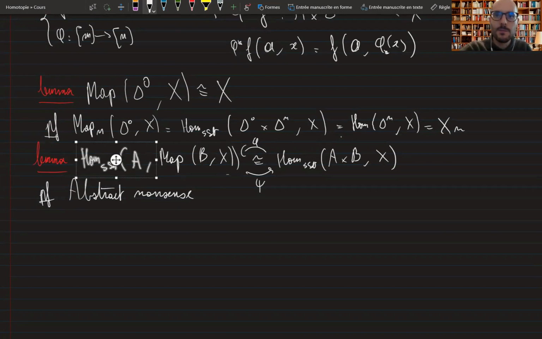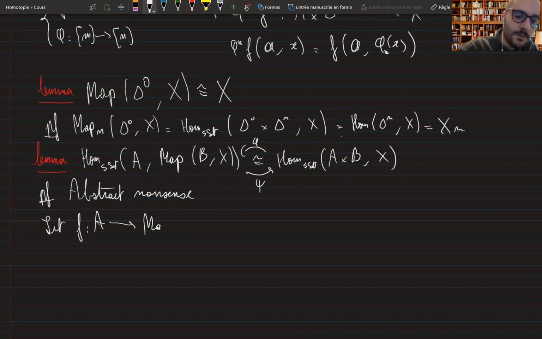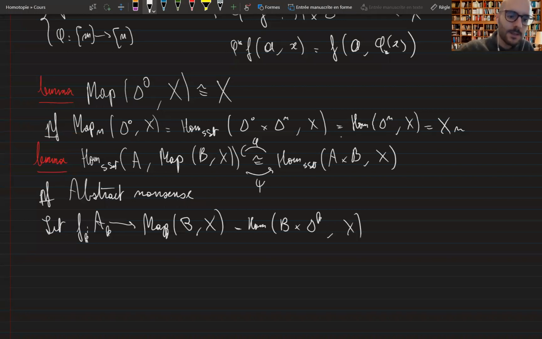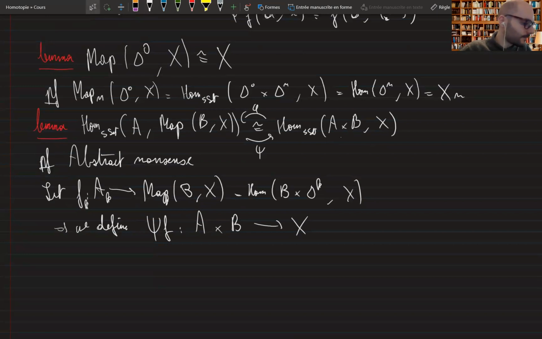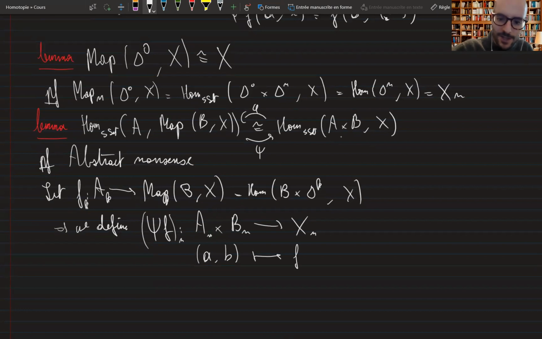So let's say you have a simplicial map. It's a bit complicated, right? So you have a simplicial map from A into map from B to X. All right, so it's a collection F_k goes from A_k into map_k, which is Hom of B cross delta K to X. And I want to define psi F, which has to be a simplicial map from A cross B into X. And so if you want to define it in degree n, and you have some (a, b) here, well, I will write the formula.